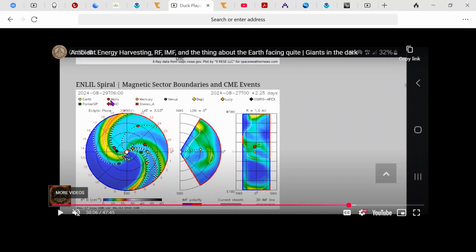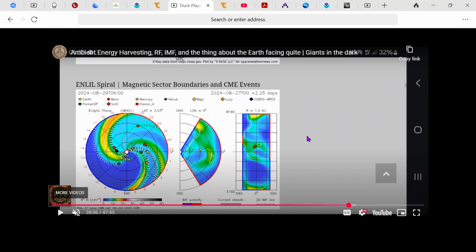Earth, Mars, Mercury, Venus. Earth, Venus, Mercury, Mars. All right? Probably. Yeah, it might be something like that. Okay, we have the interplanetary magnetic field lines, and we have the inner planets. Earth, Mars, Mercury, Venus. The little spiral, magnetic sector boundaries and CME events.